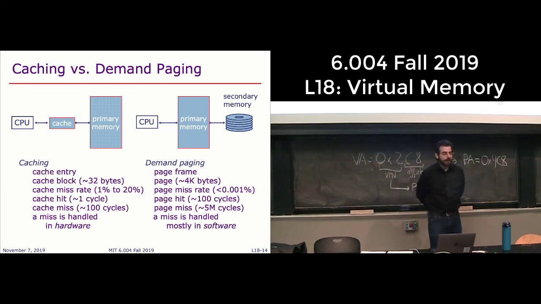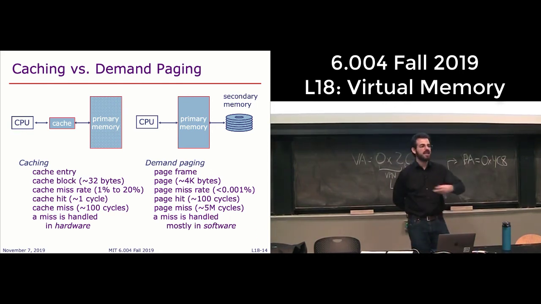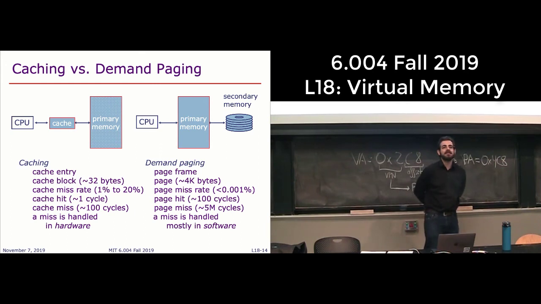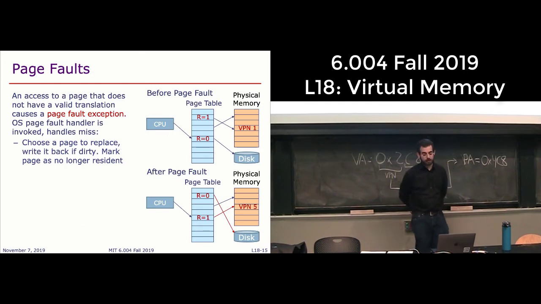And the saving grace here is that since misses are so incredibly expensive, since getting something from disk implies that we need to pause the process and run something else, because this is going to take essentially infinite time from the perspective of the processor, we can handle the miss in software, right? Whereas with caches, we need logic to handle misses, in demand paging, we're going to do everything in software.